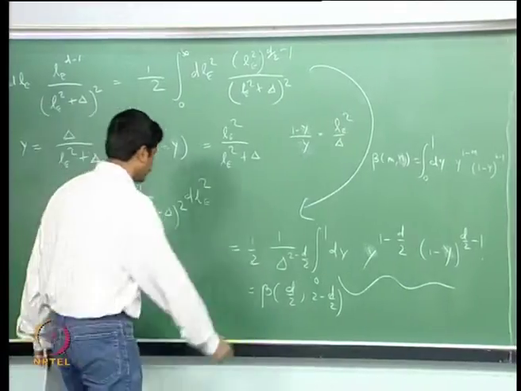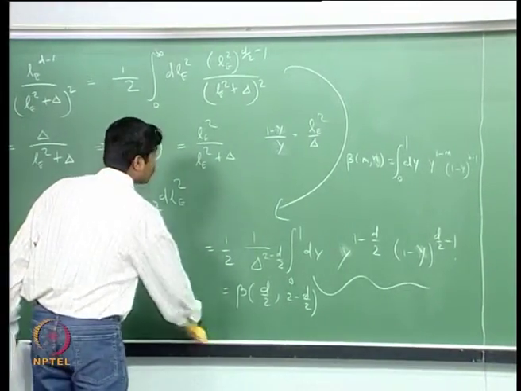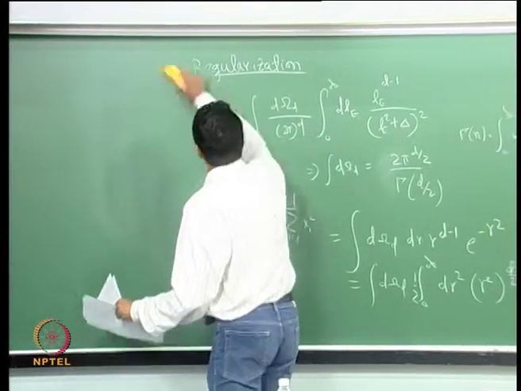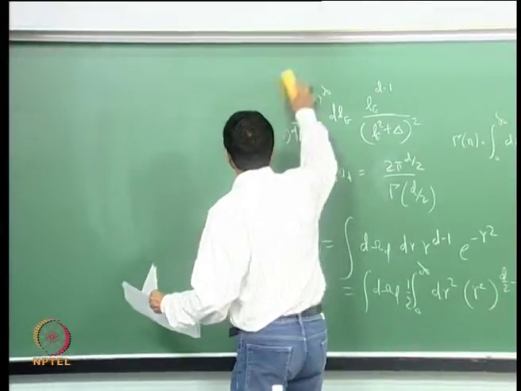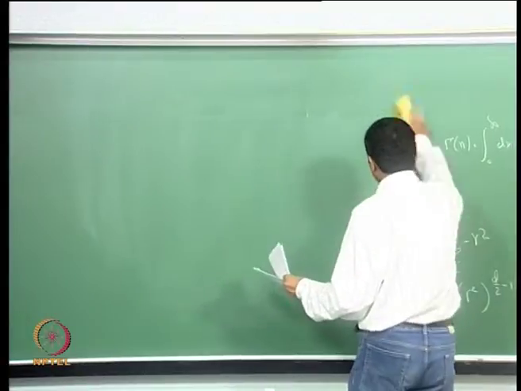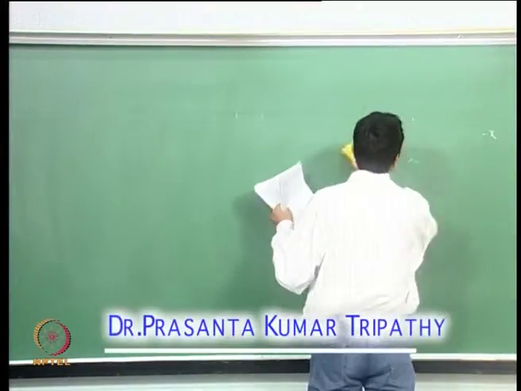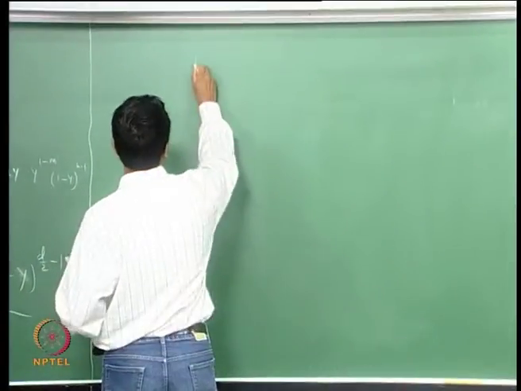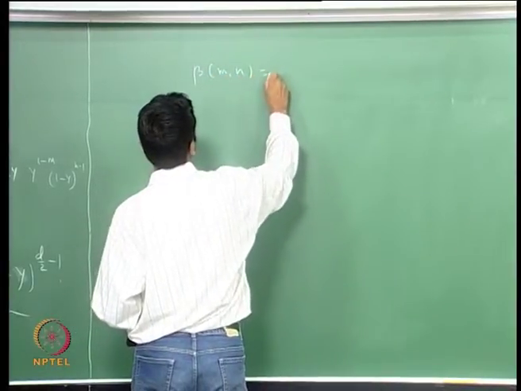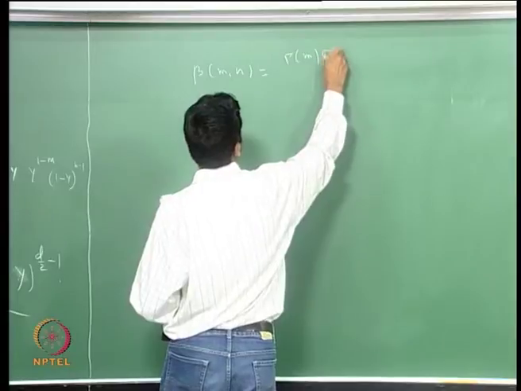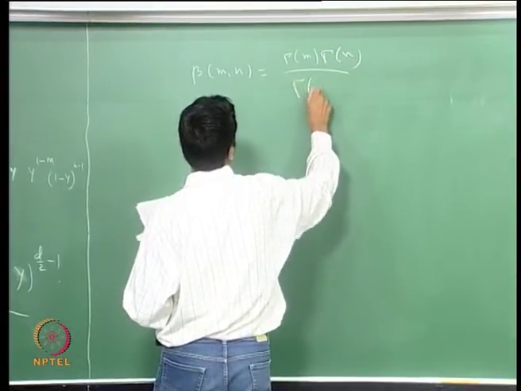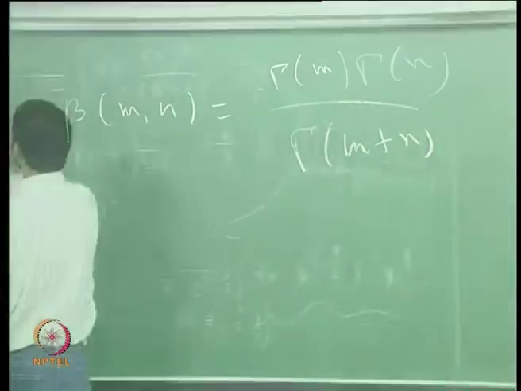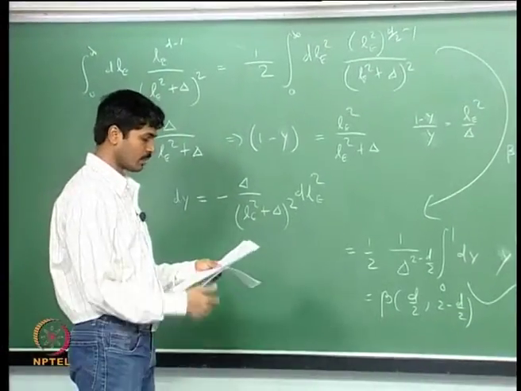Finally, you can use the identity which is beta mn is equal to gamma m gamma n divided by gamma m plus n, and you can express this integration here in terms of the gamma functions.